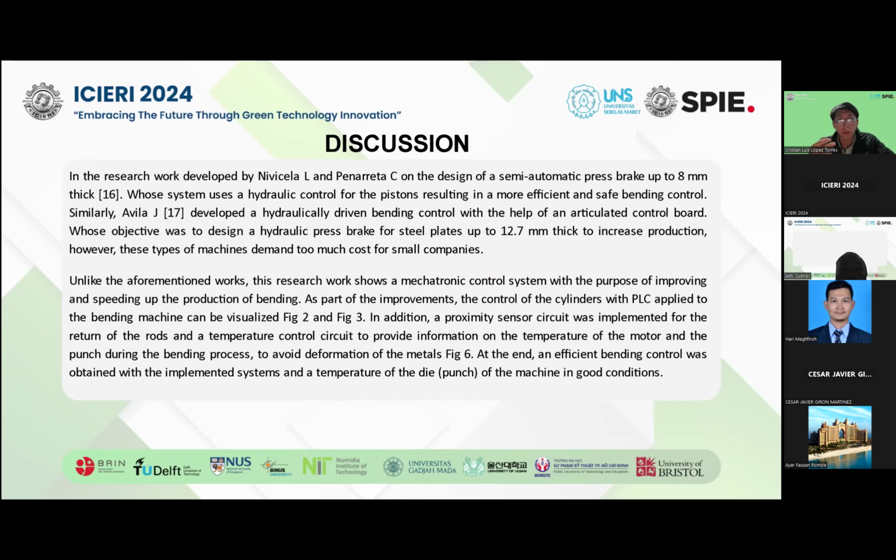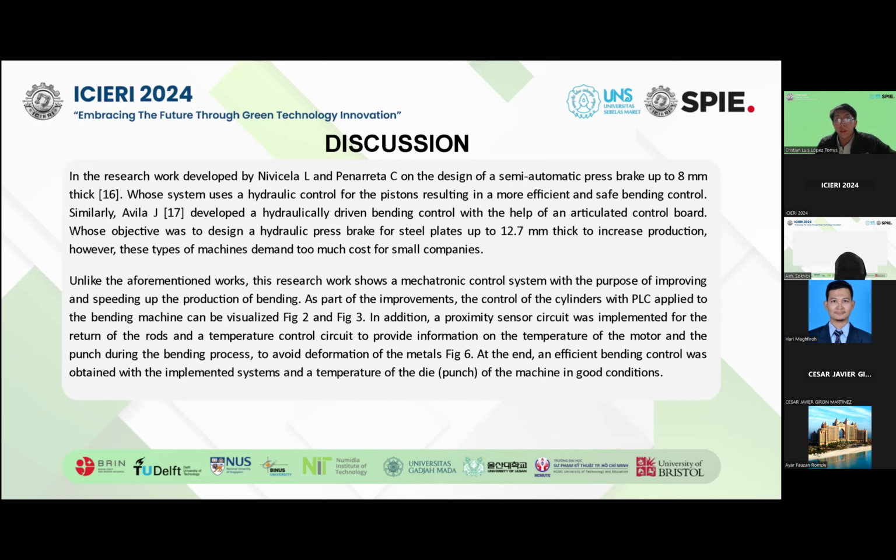Comparison with previous research: studies such as those by Nicela and Pañarreta, as well as Avila, have focused on designing hydraulic folding machines to improve efficiency and safety. However, their designs are expensive and tailored for large companies, while our approach is different.